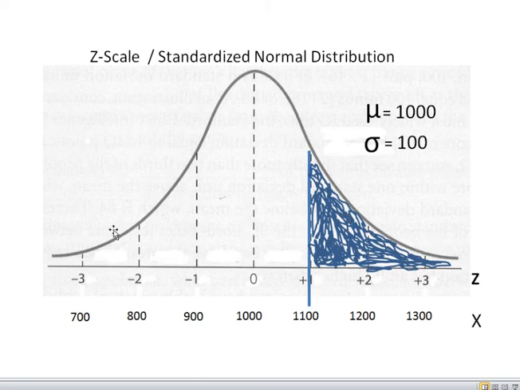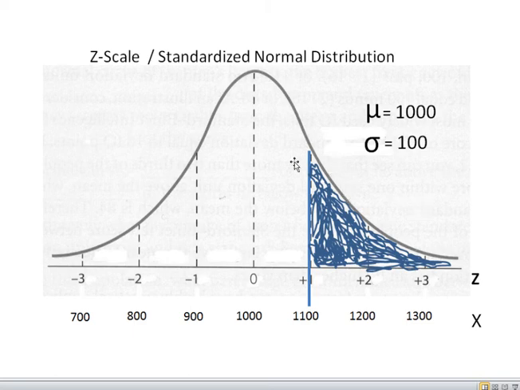Well, our z-scale and our z-tables always give us a cumulative probability that starts at negative infinity and goes up to the point that we have chosen, or the value of x. The chart doesn't give you the value greater than x. But if you recall from our original analysis of the normal distribution, everything under the curve added together has to equal 100%, or 1.00.